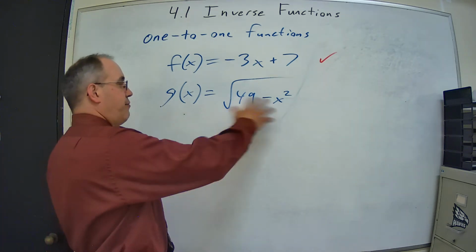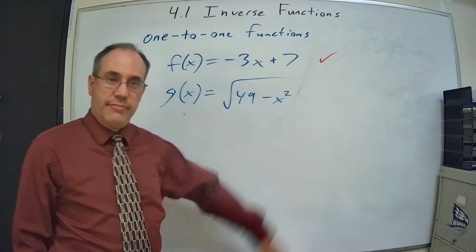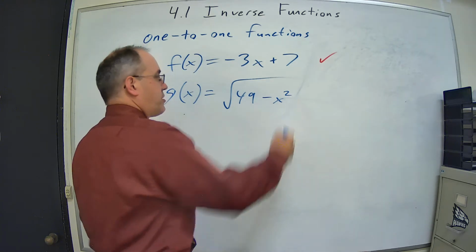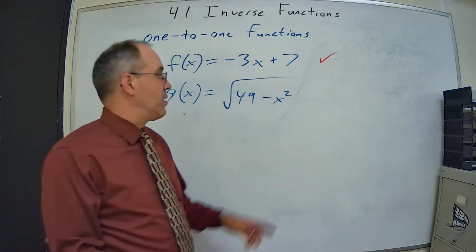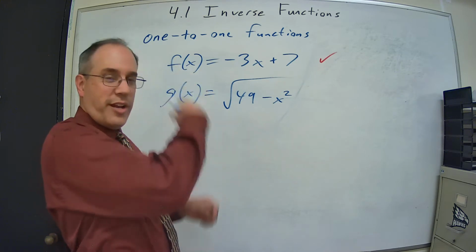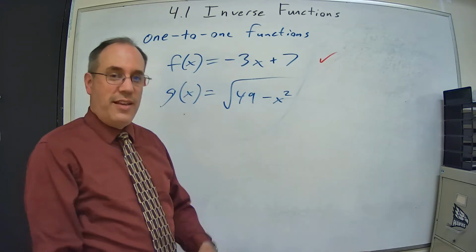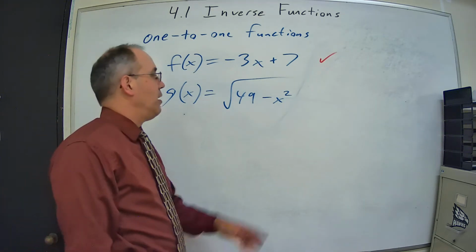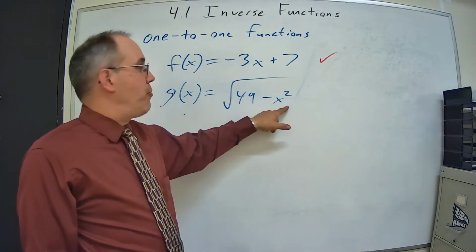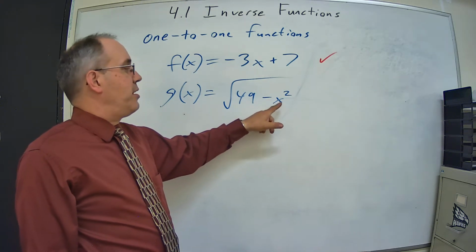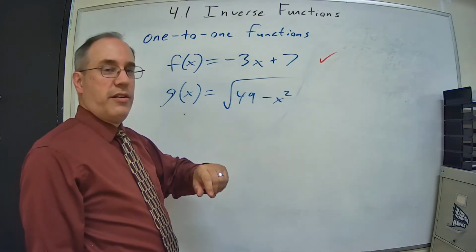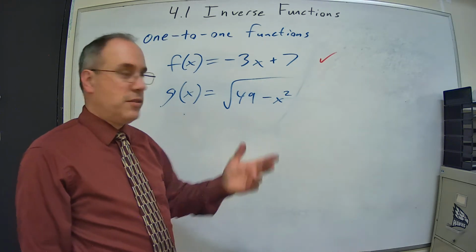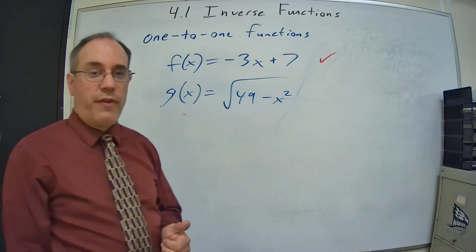Now, what about this one? Well, it is a function. The square root function is a function. But notice this 49 minus x squared. Remember that x squared, that's kind of what I drew initially, that little parabola, and said, this is not one-to-one. Well, that x squared becomes a problem because if I plug in 2 squared, then I've got 49 minus 4, which gives us the square root of 45.